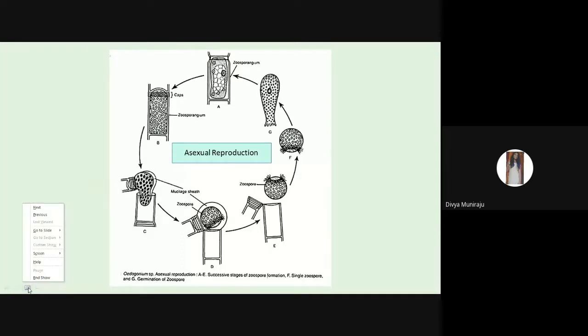Divya, you belong to CBZ or CBBT? CBBT, ma'am. Tell me your full name, ma. Divyashri M. Just now I have written Divyashri M.